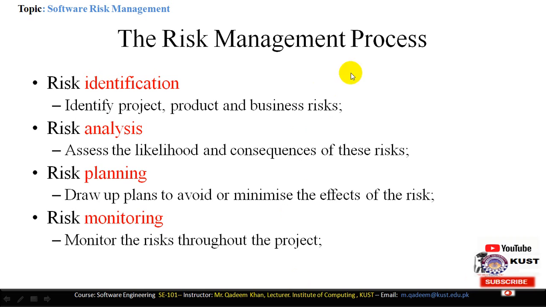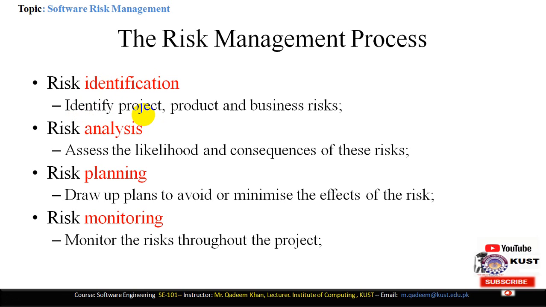Now, risk management has a certain process. This is a very important process. The project manager uses this process to cope with and handle the risk. There are four different activities in the risk management process: risk identification, risk analysis, risk planning, and risk monitoring. First of all, we will do the risk identification. By this, we will identify the project risks.